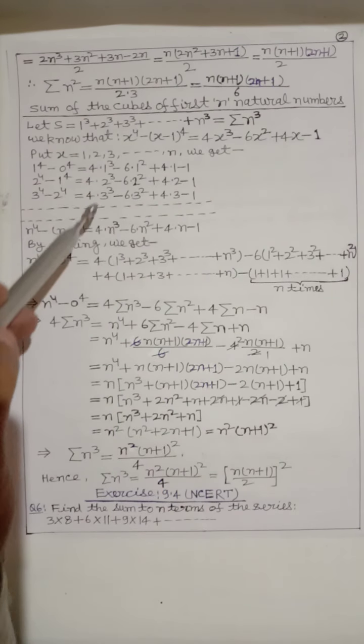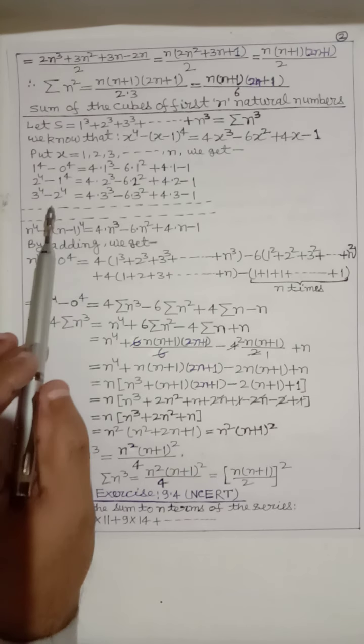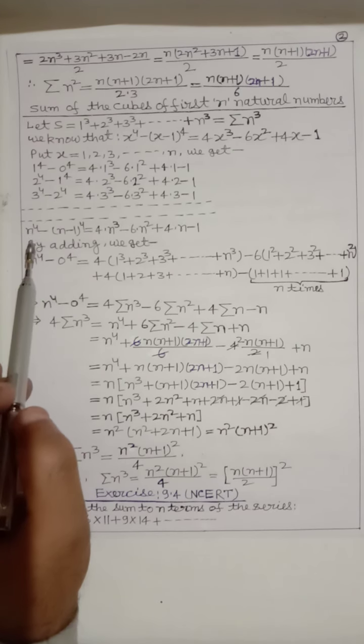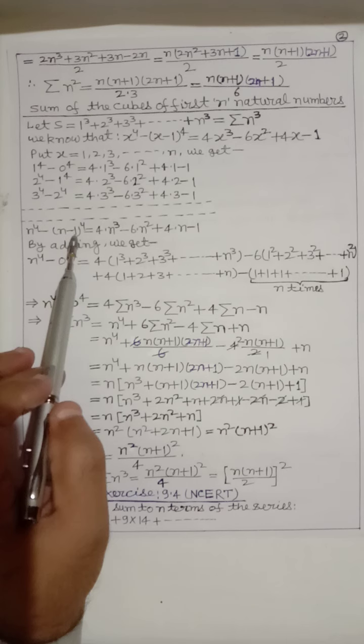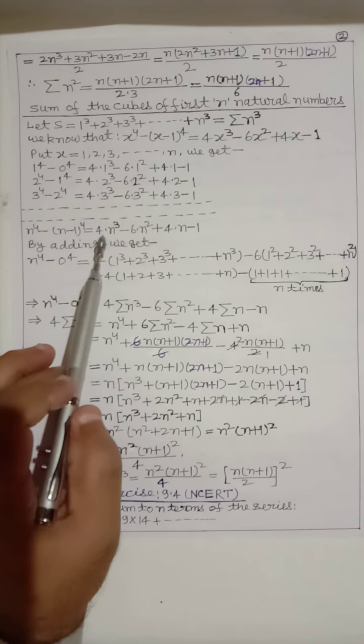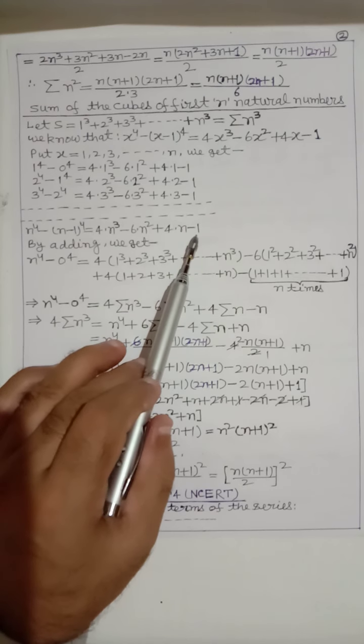Using this pattern, when x is equal to n, n to the power 4 minus n minus 1 to the power 4 equals 4 into n cube minus 6 into n square plus 4 into n minus 1.